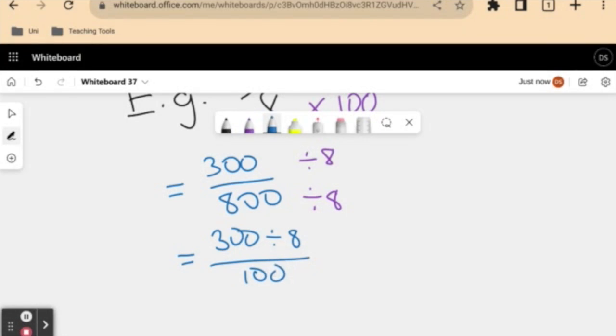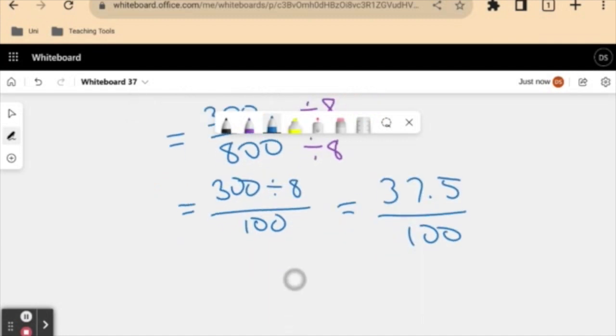And whatever number is on this numerator will be my percentage. So you can feel free to put this into a calculator, or you can do the division on your own, but we will get 37.5 over 100.